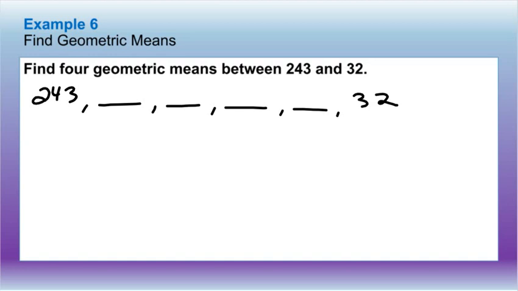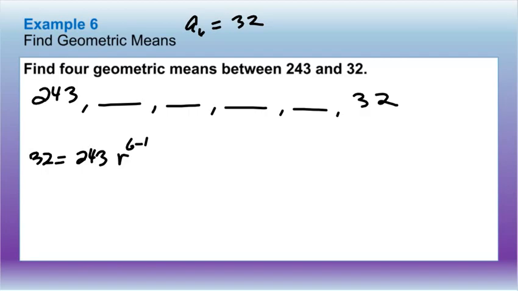So there are 6 terms. So we can use that to help us. So the 6th term, A subscript 6, is 32. If I do 32 equals the first term of 243 times the common ratio I don't know, but this would be 6 minus 1.